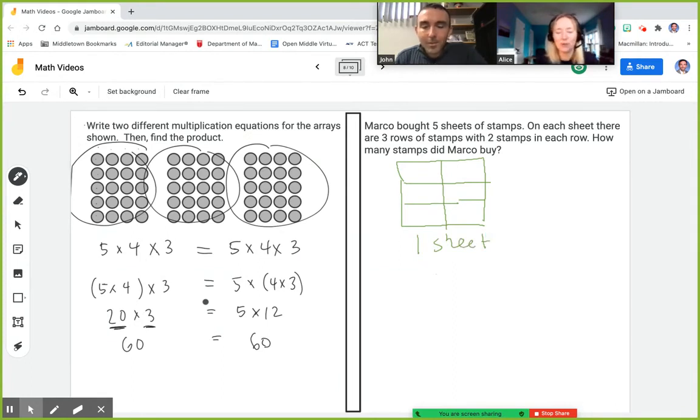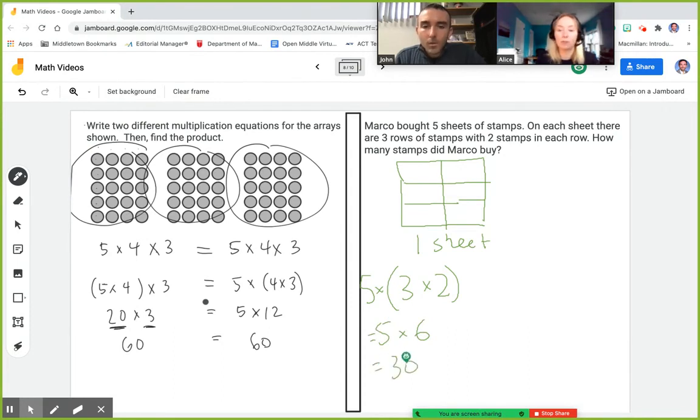So one way this could be approached is to say, okay, each sheet has 3 times 2 stamps on it. So group those and then say, but there's 5 sheets. And the 5 might come first in the equation because it comes first in the word problem. So that's fine. 5 times 6, and that's going to give us 30.